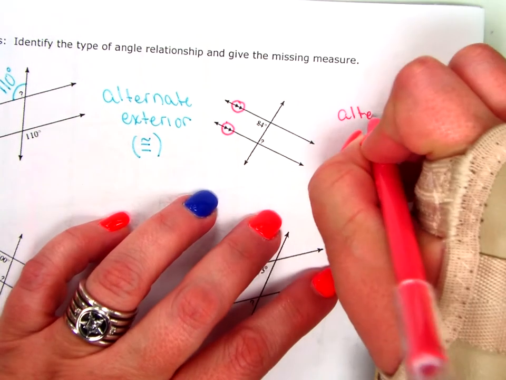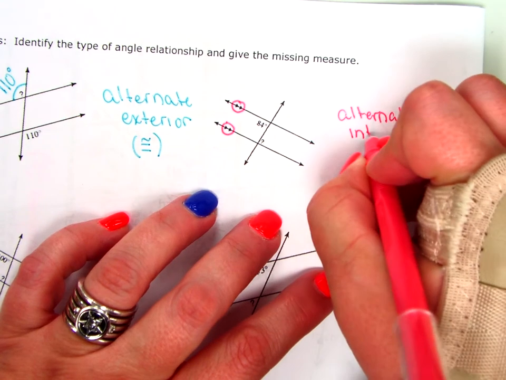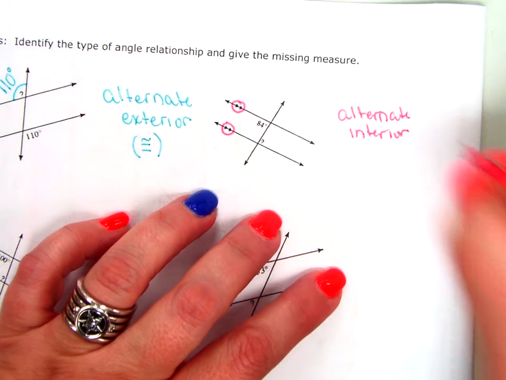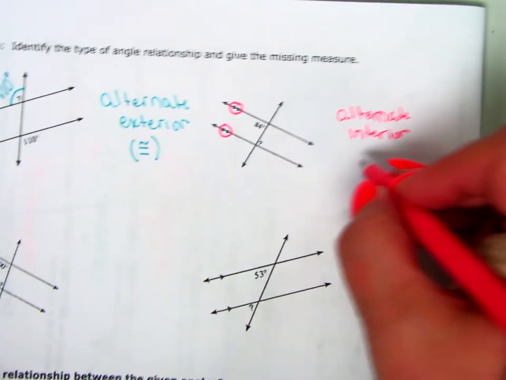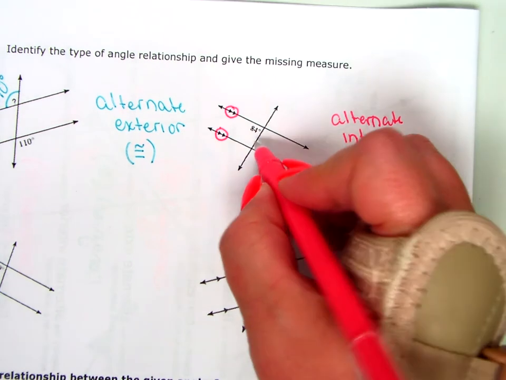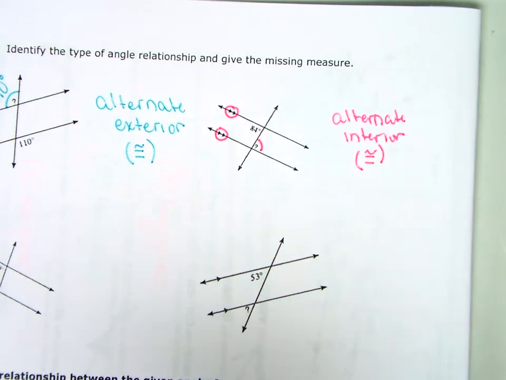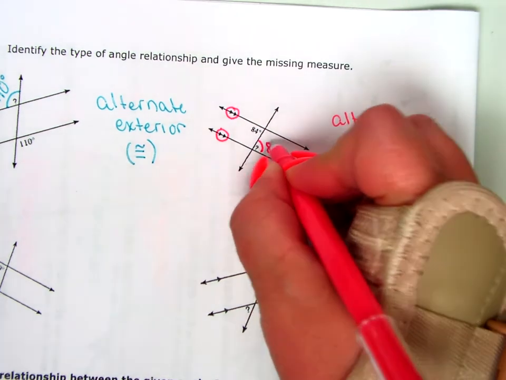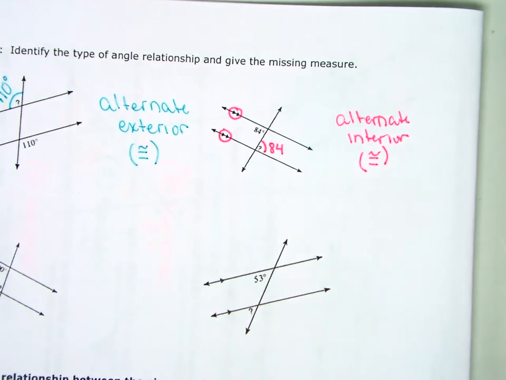Alternate interior. So what does that mean about them? They're congruent because I have parallel lines. So how big is my question mark angle? 84. 84 degrees. Okay.